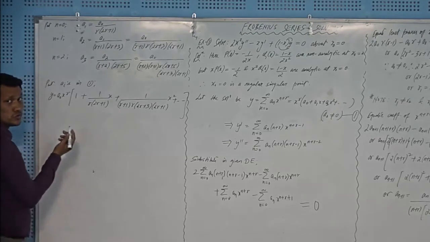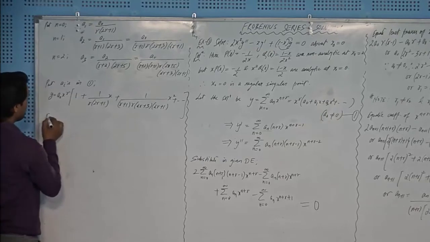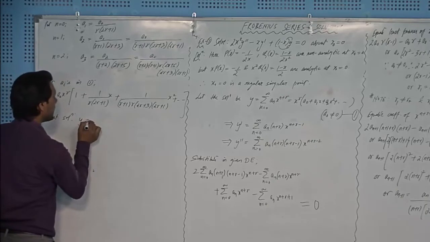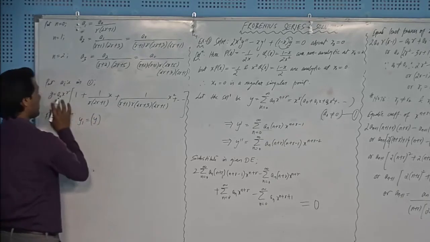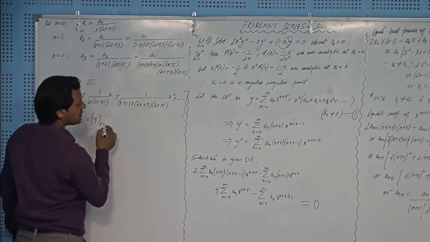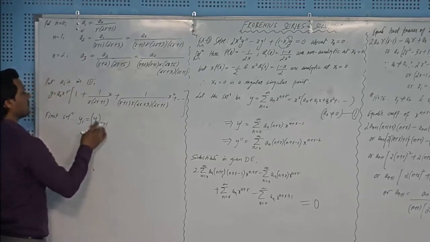So I will obtain the two solutions from here, and the first solution that is denoted by y1, and that is just the value of y, replacing r by that first value. What is that? 1, right? So I'll plug 1 here in place of r.